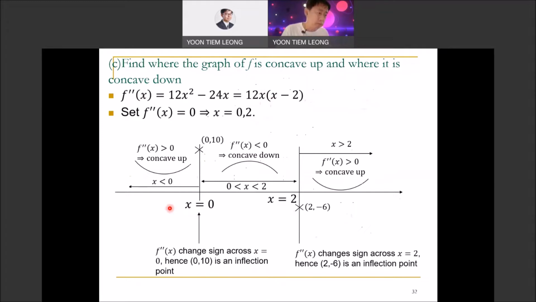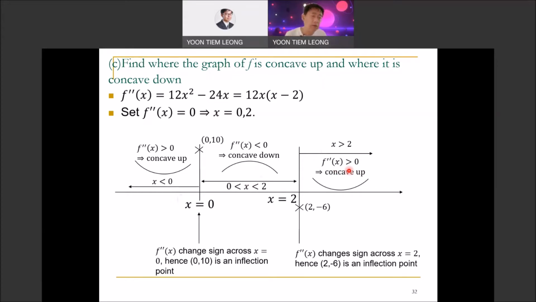So you locate these 2 points, x equals 0 and x equals 2, and you look at the sign of f prime prime on the left of x equals 0 and see whether it is positive or negative. Then you look at the right hand side of x equals 0 and determine the sign of f prime prime. Then you also do this for the region when x is larger than 2. By checking the sign of f prime prime, you'll be able to tell the concavity.